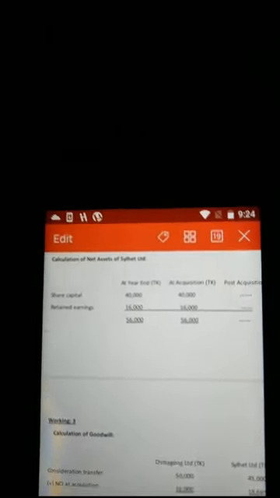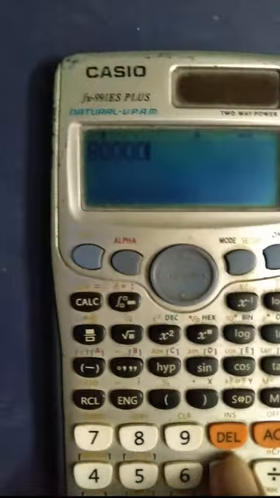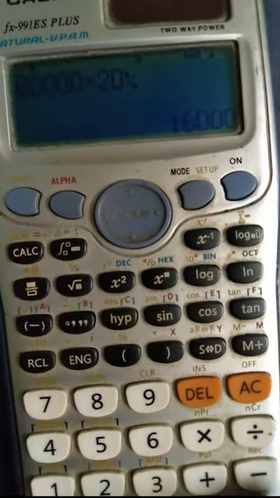It is important to understand that at acquisition we have 80,000. So we write 80,000 into 20%, which is equal to 16,000 for Chittagong.